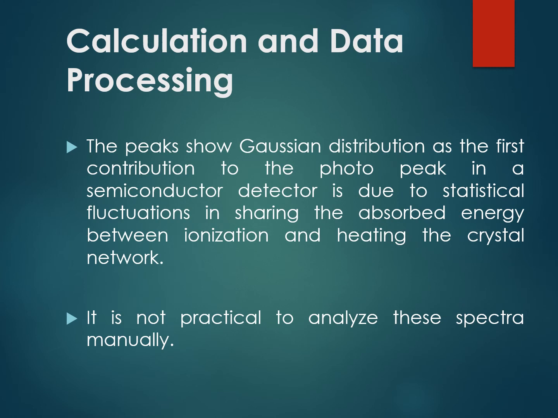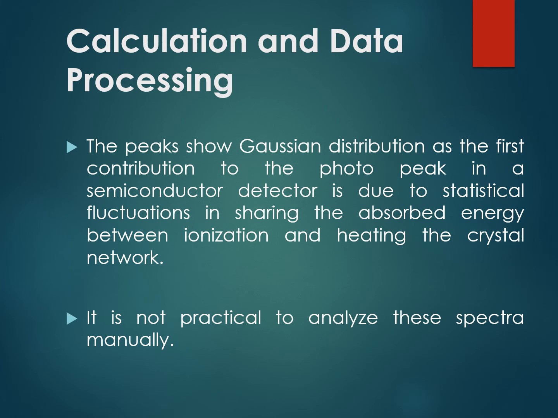And the peaks show Gaussian distribution, as the first contribution to the photo peak in the semiconductor detector is due to the statistical fluctuations in sharing the absorbed energy between ionization and heating the crystal network.